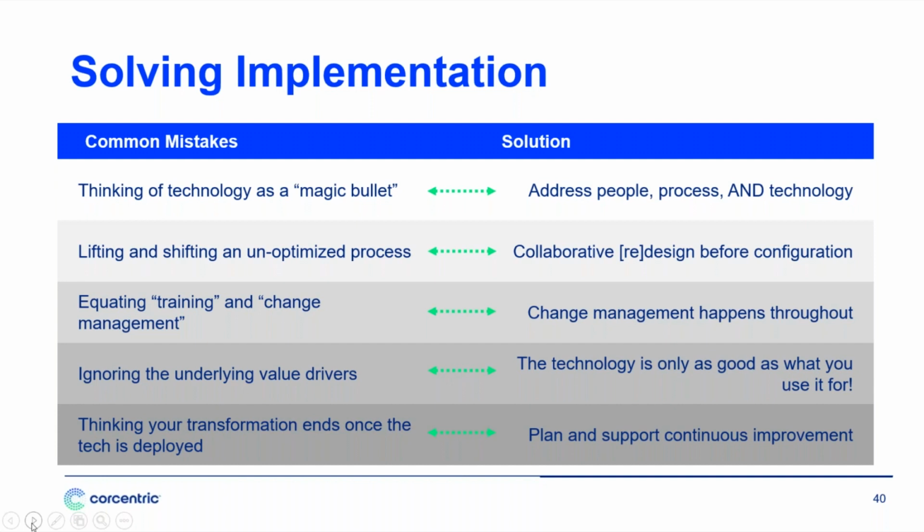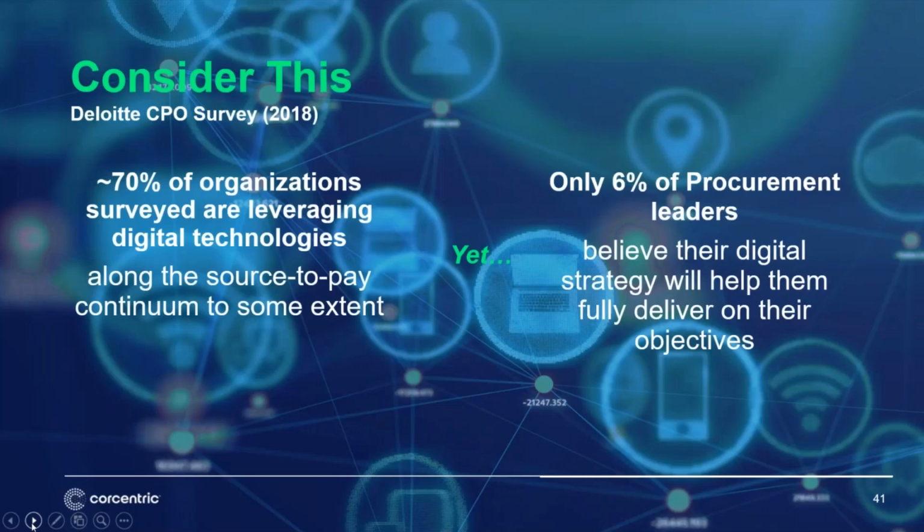And so if we go to the last slide here, I just want folks to be left with this as you think about upstream tools. I want to reinforce the points I made today with some interesting stats from a Deloitte CPO survey that came out in 2018, but is really still relevant today.